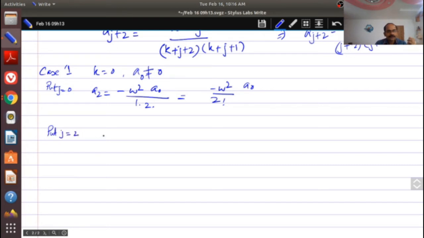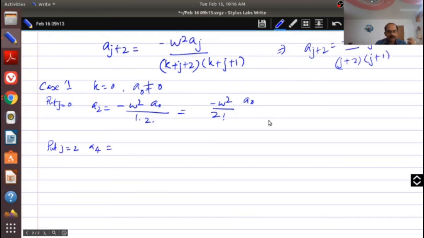Now put j equal to 2, then a4 will be minus omega squared a2 divided by, j is 2, so it will be 2 plus 1 and 3 into 4. 3 into 4. And you put a2 is actually your minus of this, right?